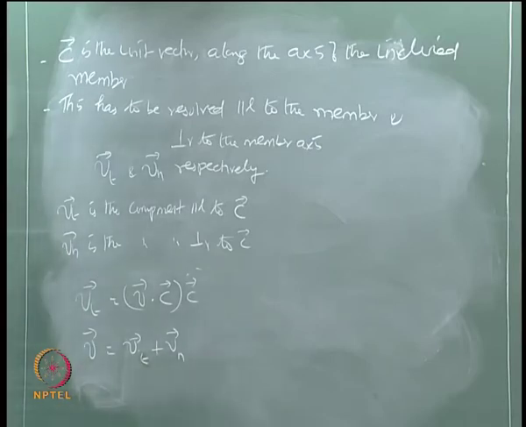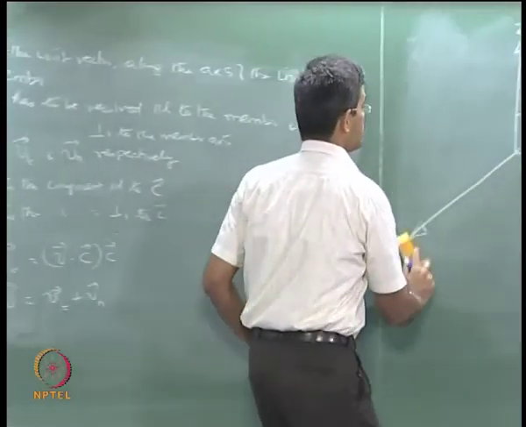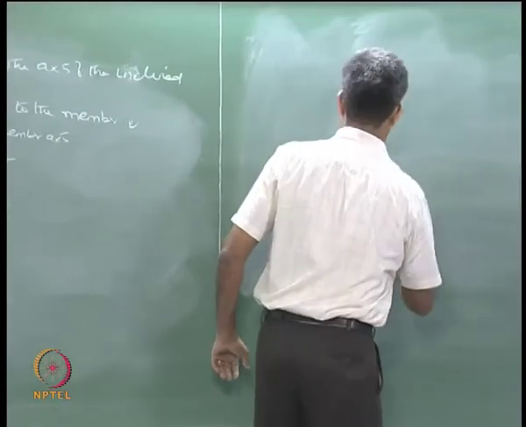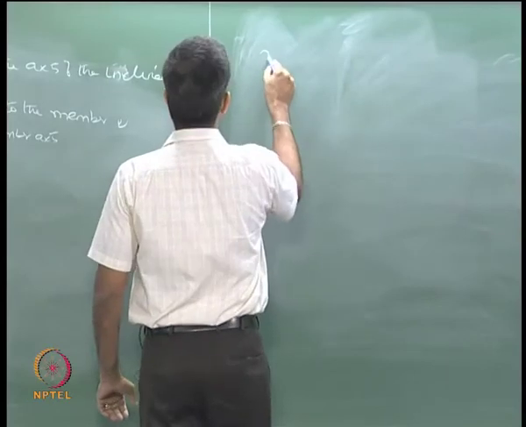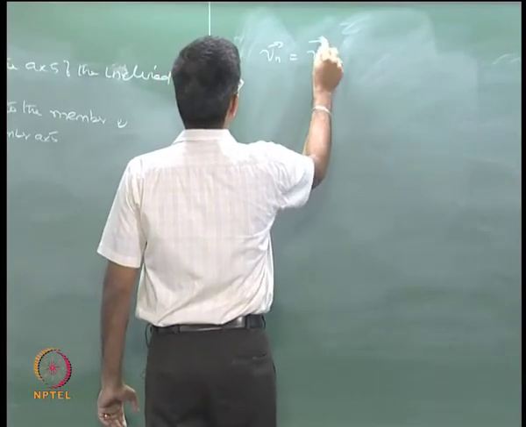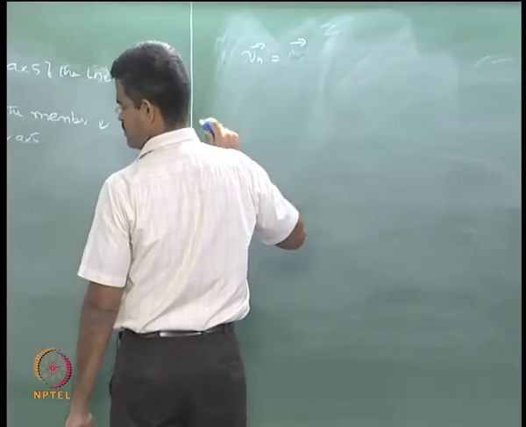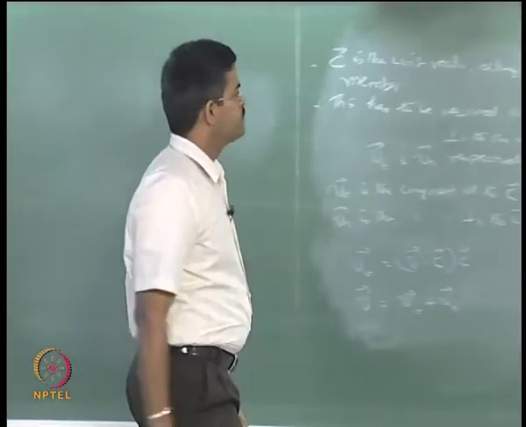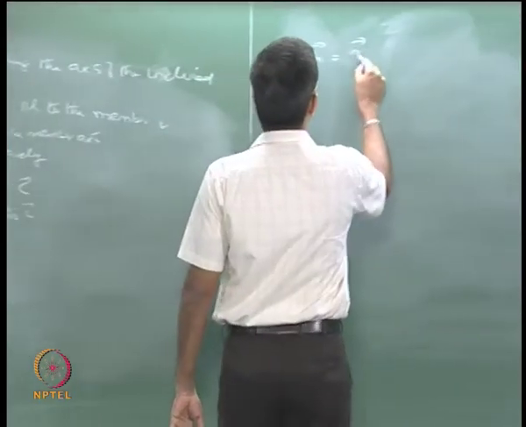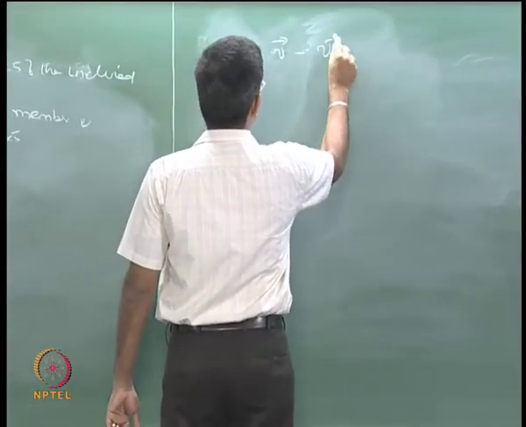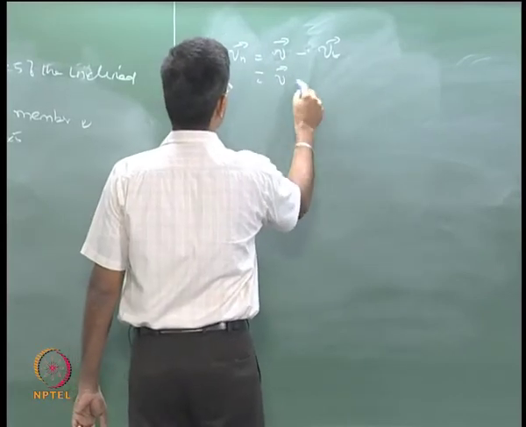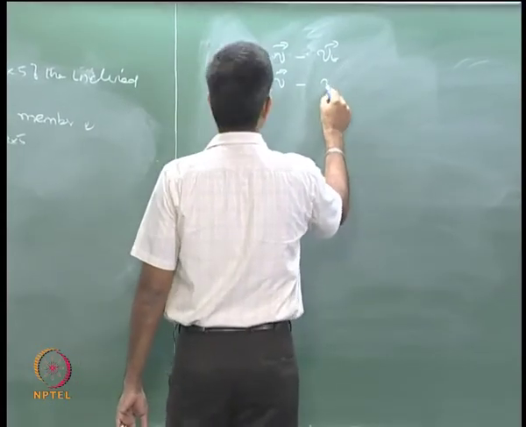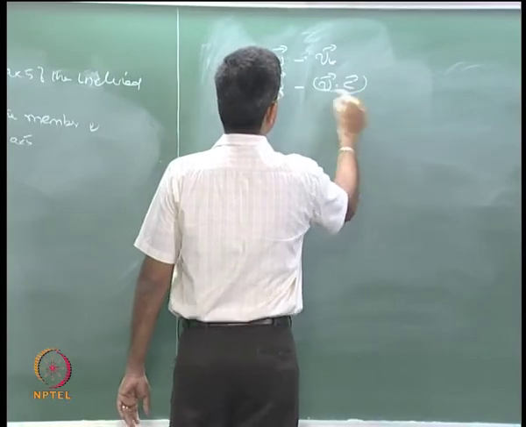Therefore, now I have Vn as, I will remove this, that is V minus (V·C) C.